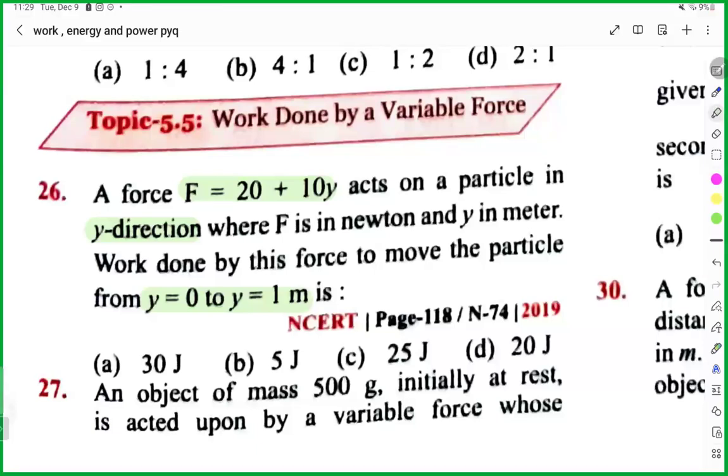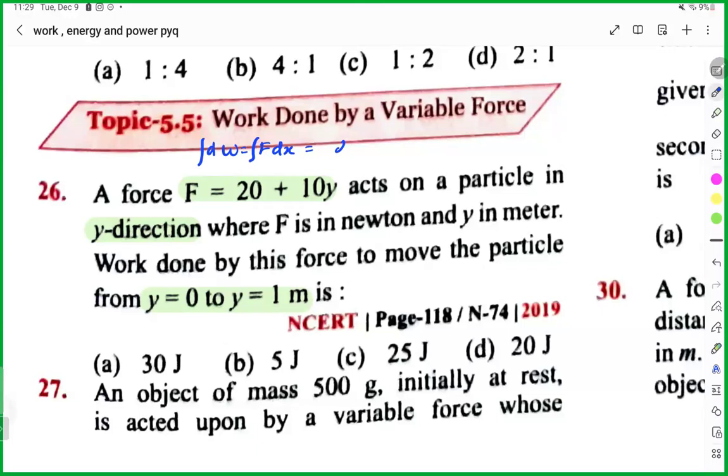Simple integration, right? Correct. So do integration. 25.